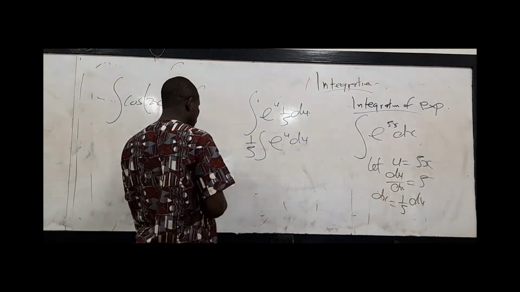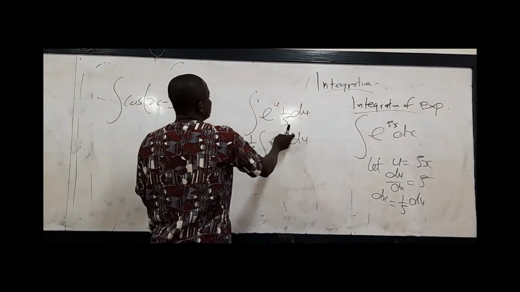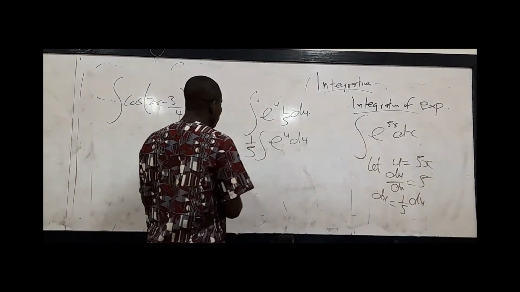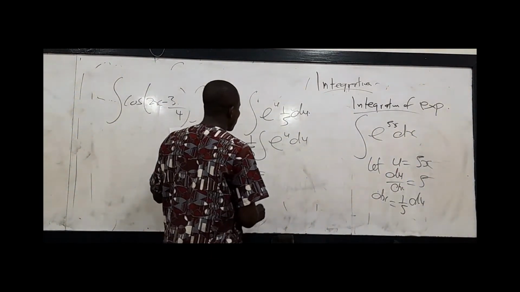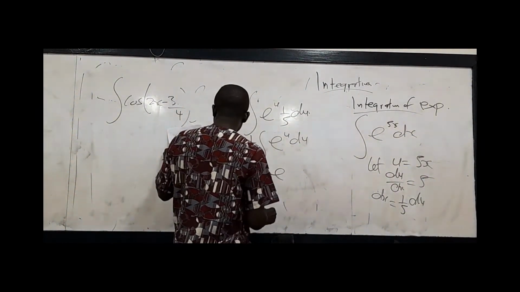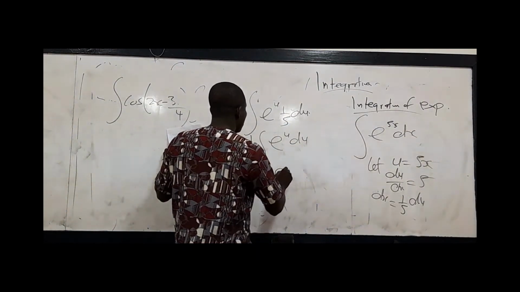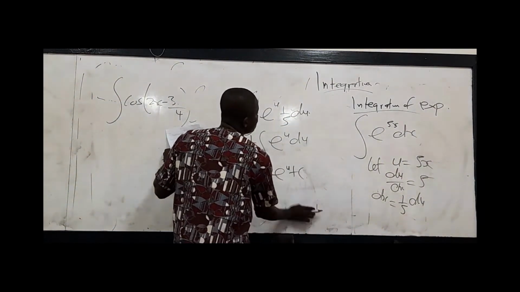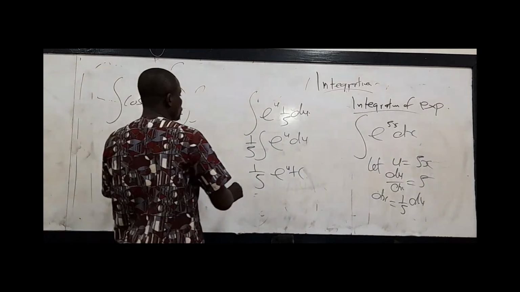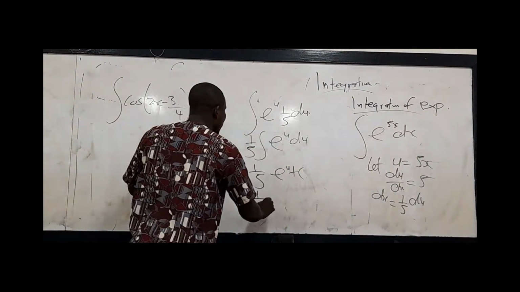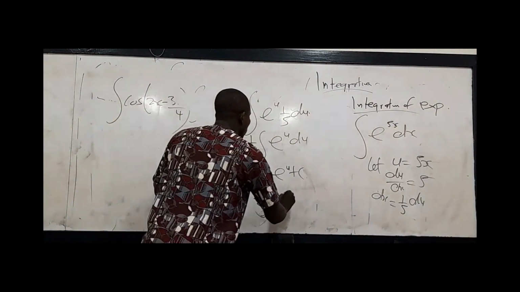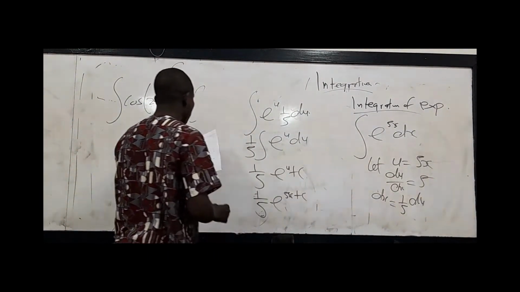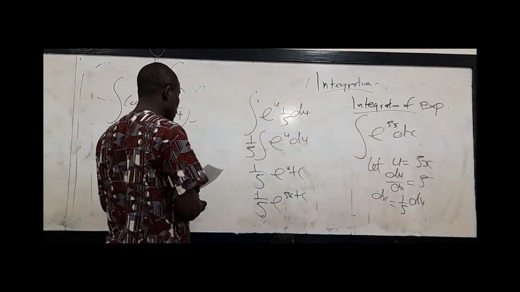And you know that if I integrate this, I'll just integrate this and divide. So it will be the same. So it's equal to 1/5 e^u plus c. So it will be 1/5 e^(5x) plus c. Okay, that's it.